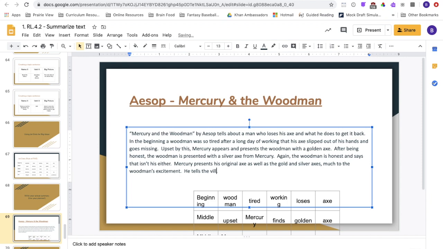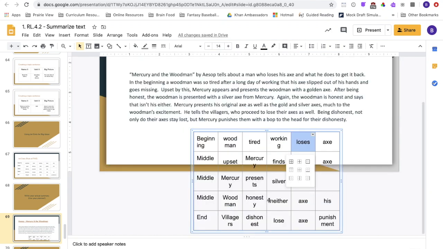He tells the villagers who proceed to lose their axes as well. Being dishonest, not only do their axes stay lost, but Mercury punishes them with a bop to the head for their dishonesty.